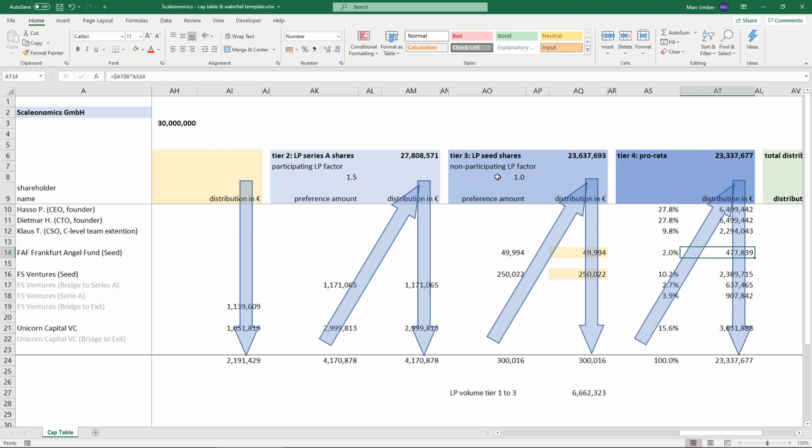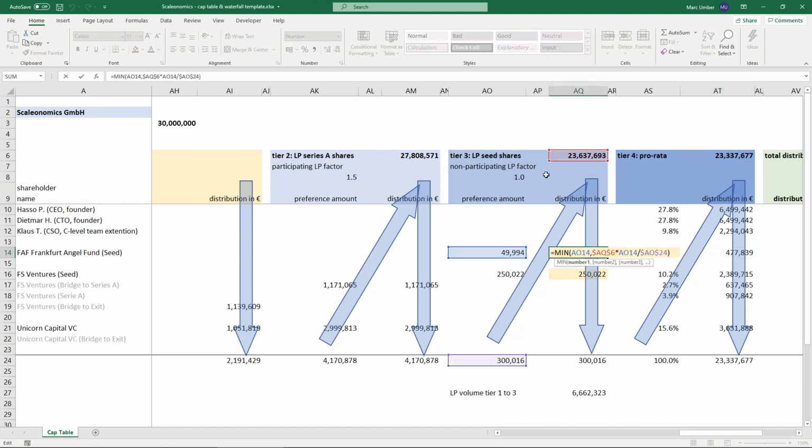And if this was a participating liquidation preference, we would be done. But now we need to change these formulas to make the participating liquidation preference formula become a non-participating liquidation preference formula. And for this, we simply want to offset every euro that has been paid on the pro rata stage with a euro paid on the third tier for seed share preference holders.